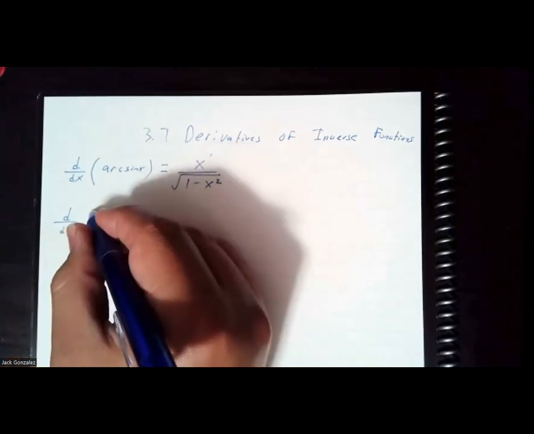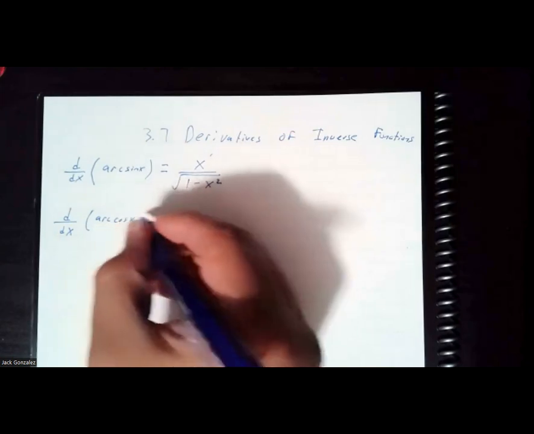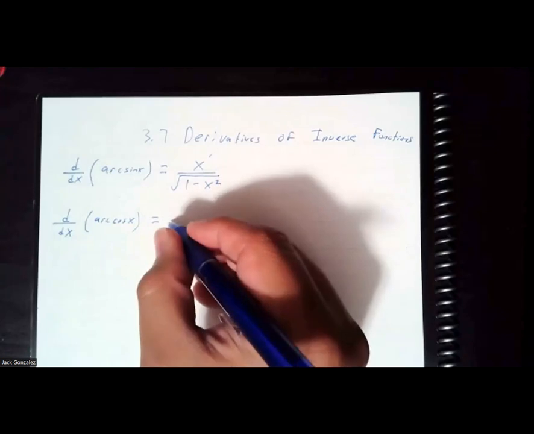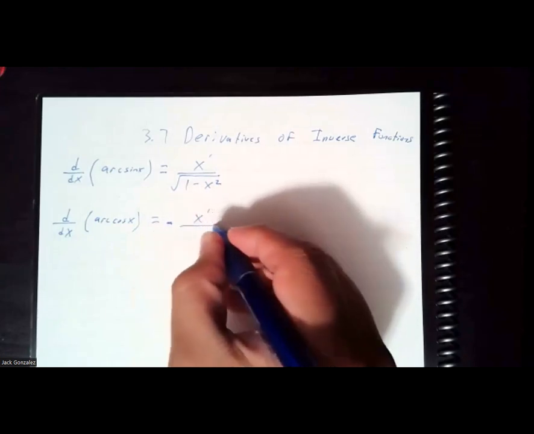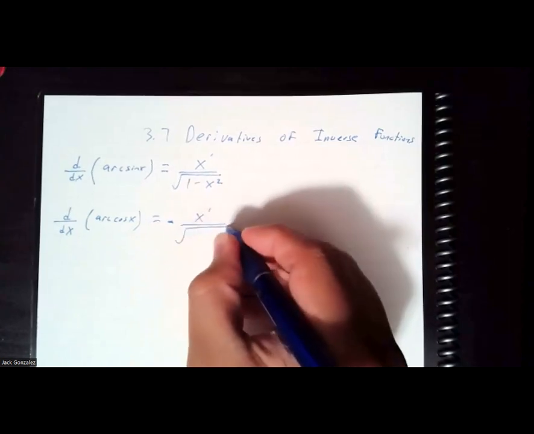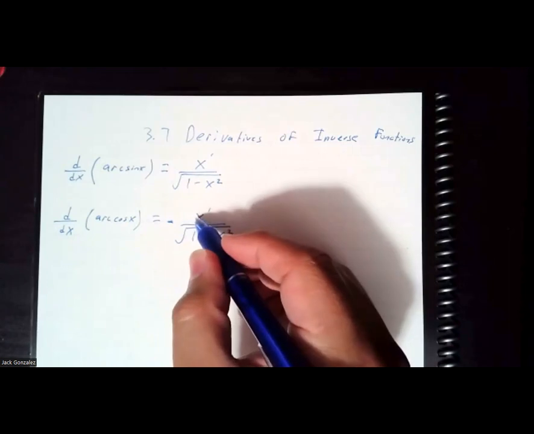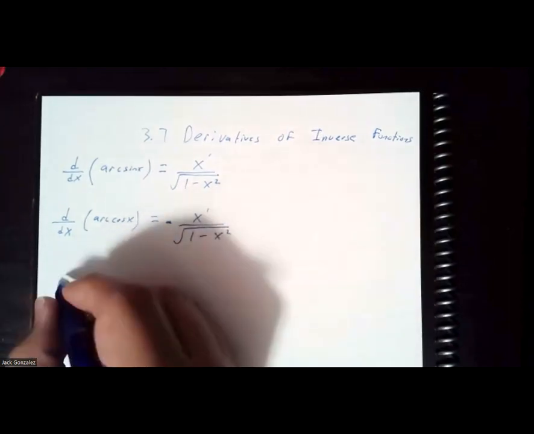d/dx of arc cosine is equal to the same thing except there's a minus in front. You just plug in your x in here, take the derivative of x and put it up there, x being your argument.